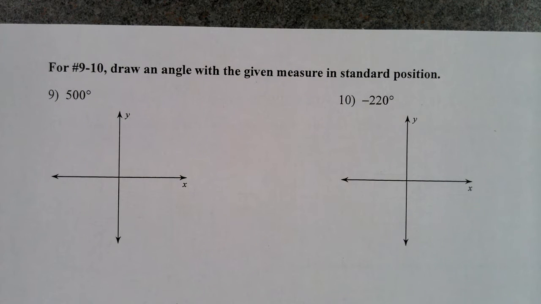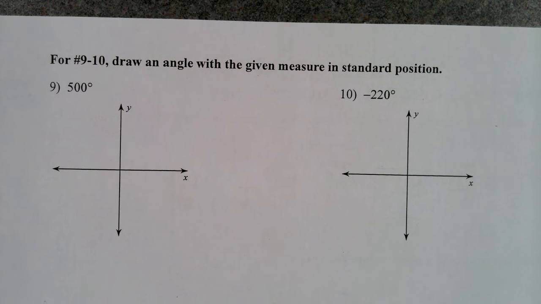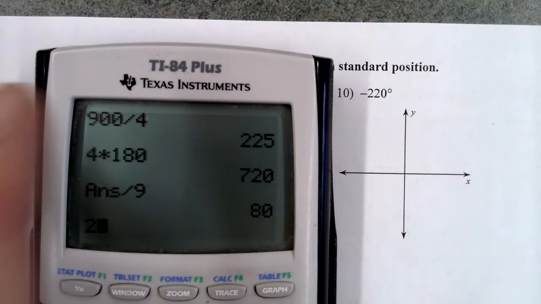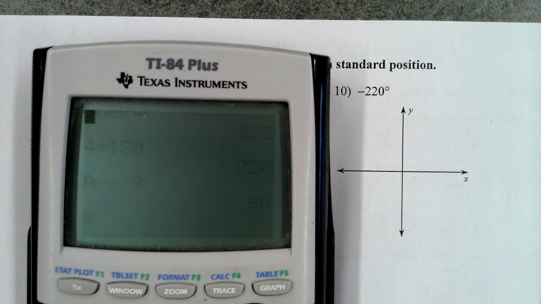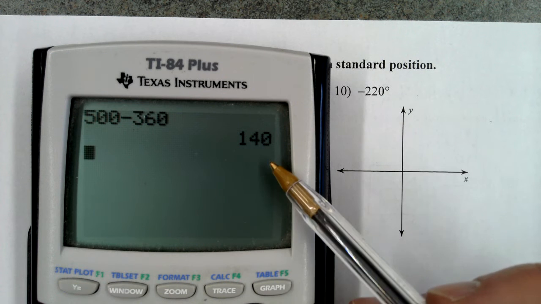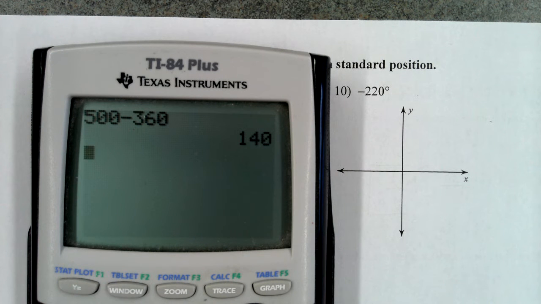Draw an angle with the given measure in standard position. Okay, so 500 degrees, if you do 500 minus 360, it means you're going to go around once, and then you're going to go around another 140 degrees.